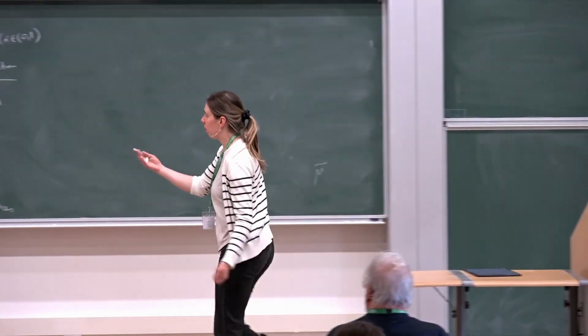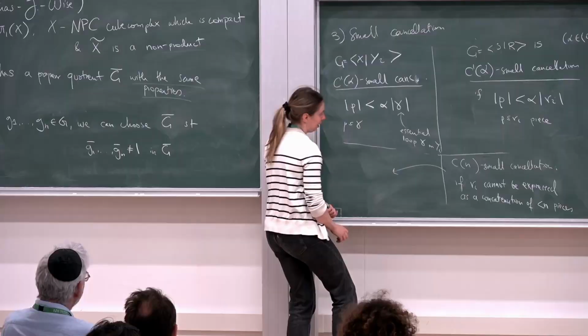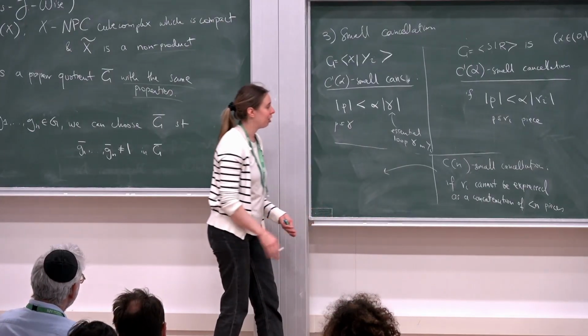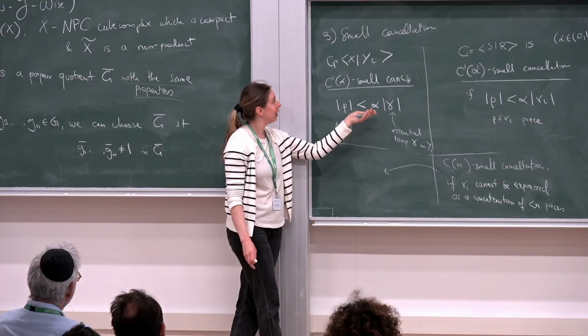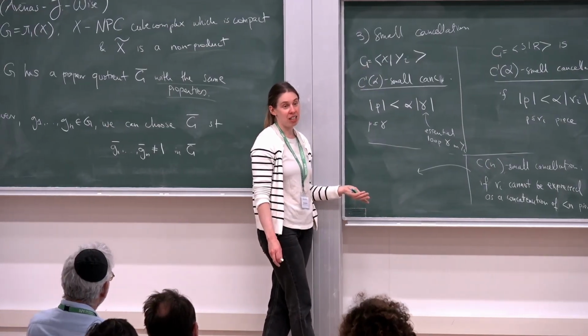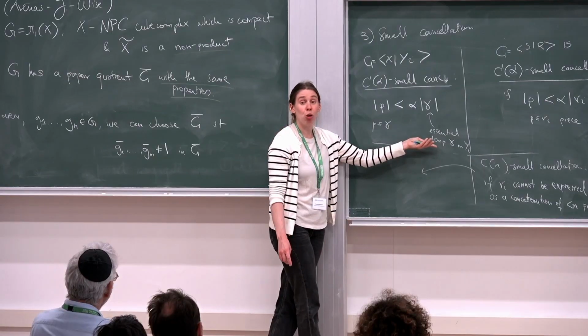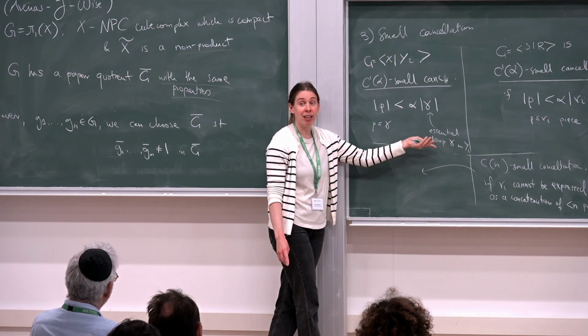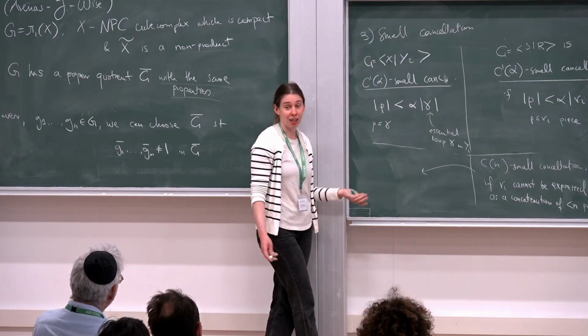And we have the same condition, appropriately adjusted: this cubical presentation satisfies the Cn small cancellation condition if no essential loop in any Yi can be expressed as a concatenation of less than n pieces.